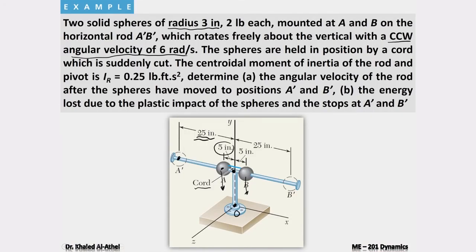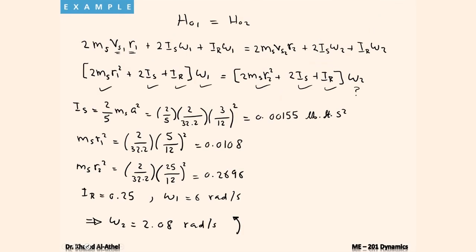Now, the second part, it says find the energy lost due to the plastic impact of the spheres and the stops at A prime, B prime. This is basically, if you are considering the energy loss, the change in the kinetic energy. Let me write the general expression in this problem for the kinetic energy. I have 2 for the spheres, remember.